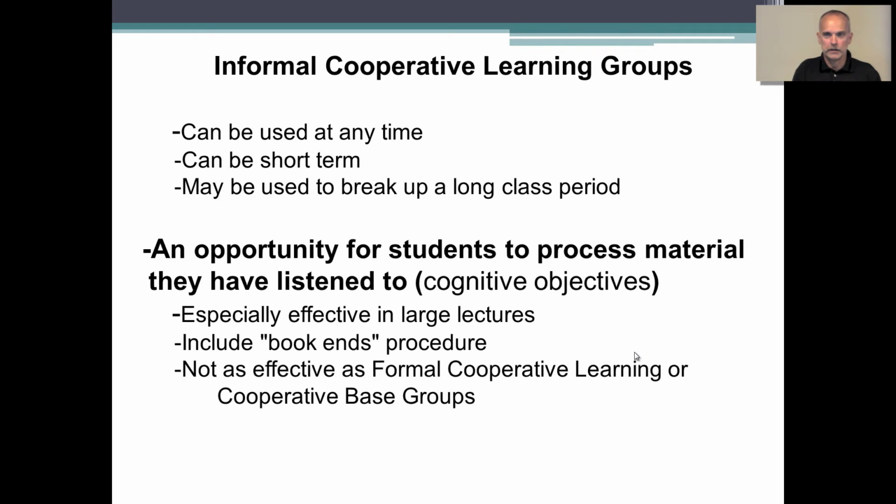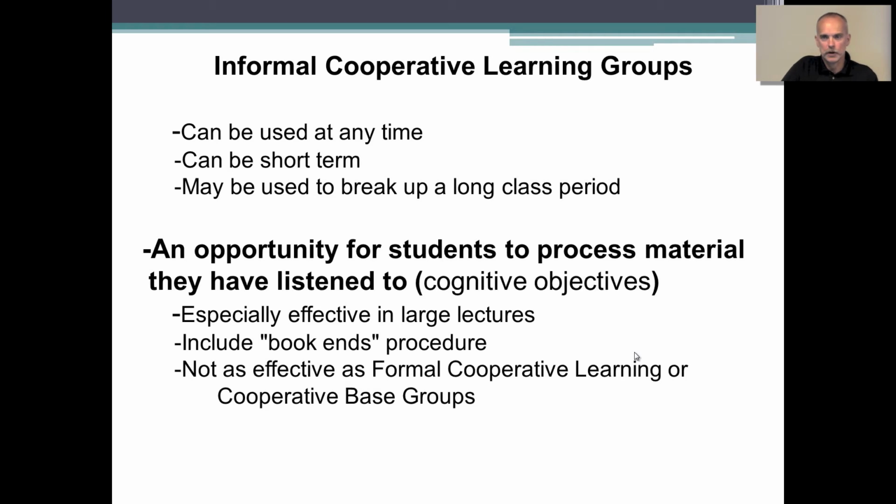Second of all, informal groups do provide an opportunity for students to process material they've listened to. This is critical, especially if you're teaching large classes. Dr. Karl Smith describes the procedure as bookends, a way to break up a class period. I'll demonstrate this in a minute.